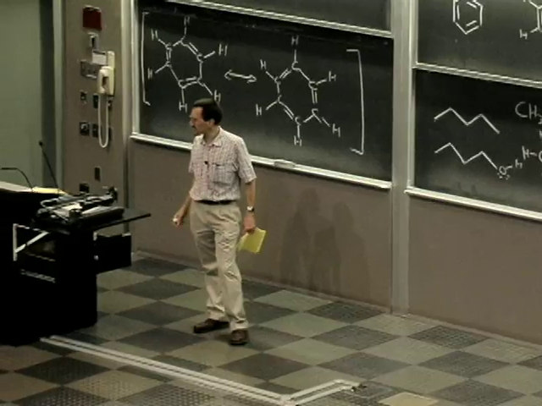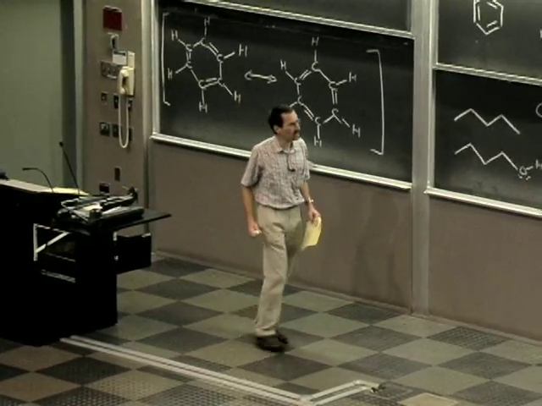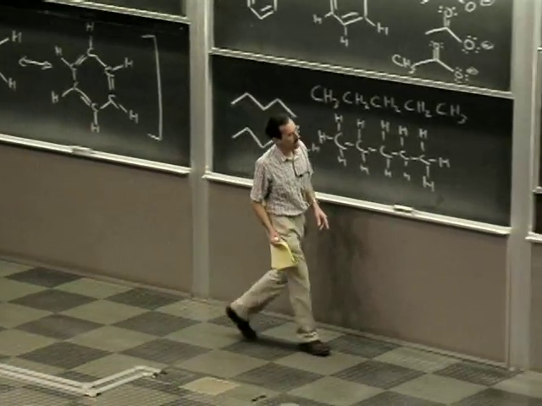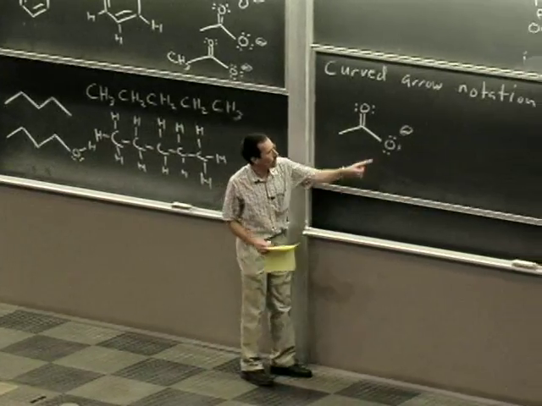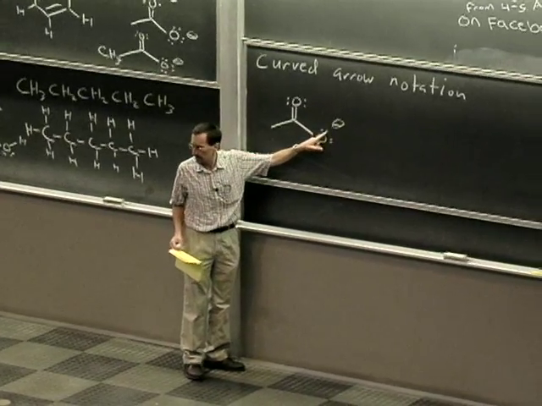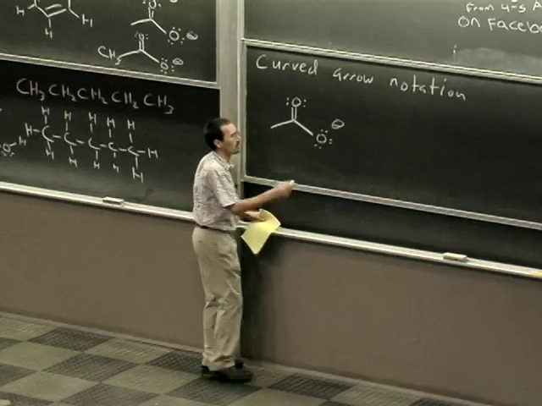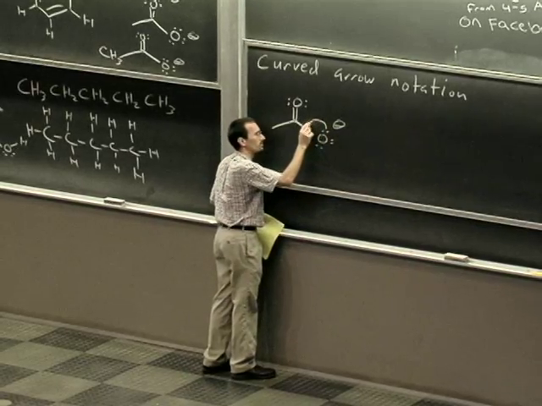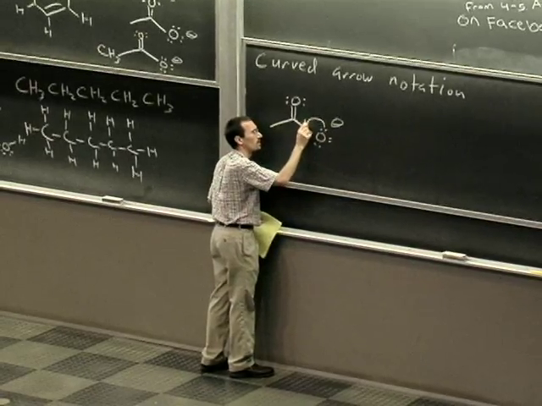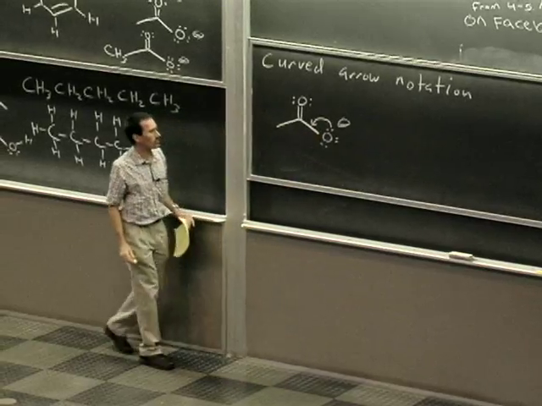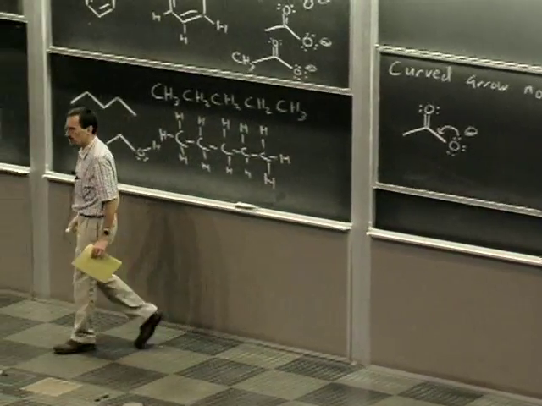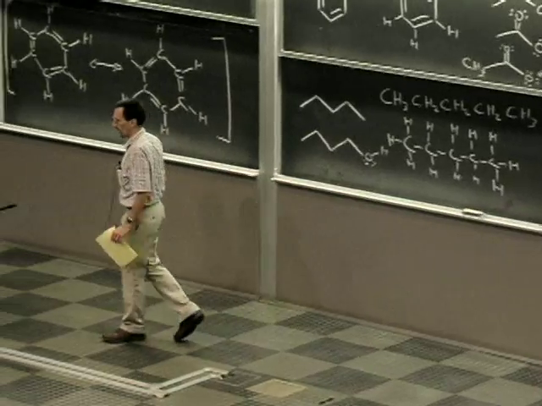If I want to think about how to get to the other resonance form, I can just imagine one pair of electrons on this oxygen, one lone pair, flowing into the carbon-oxygen single bond. That's going to make a double bond.